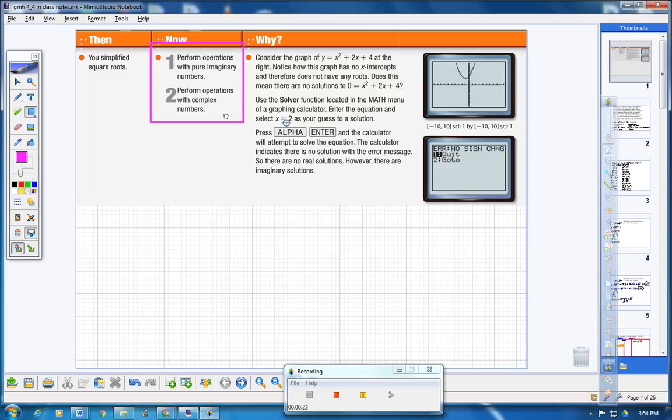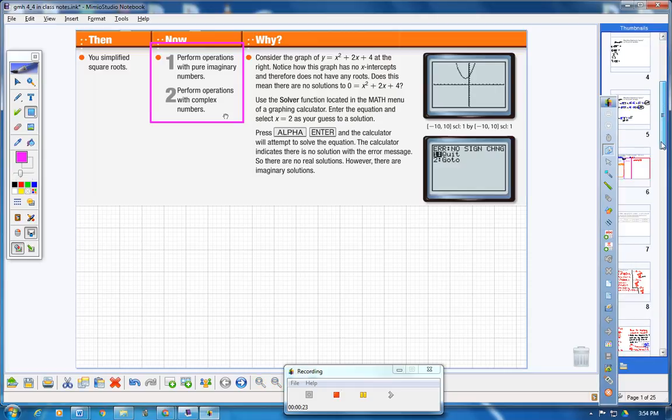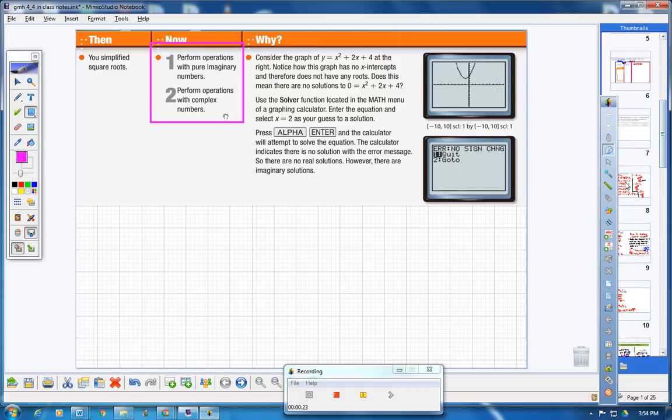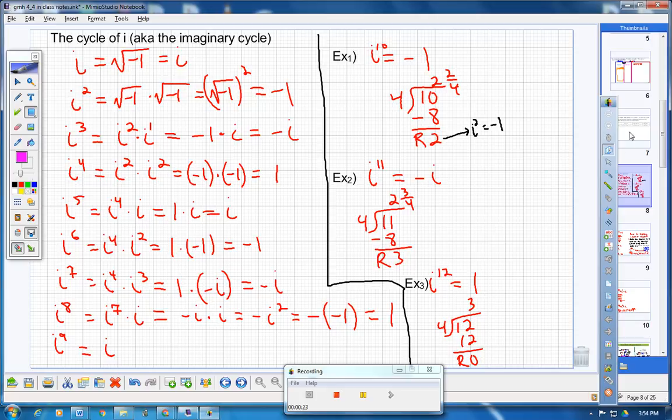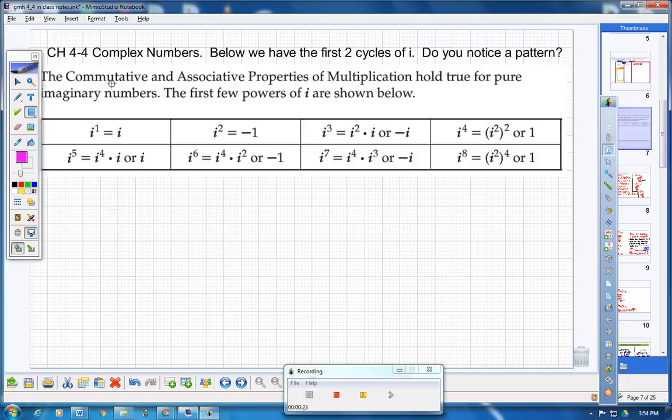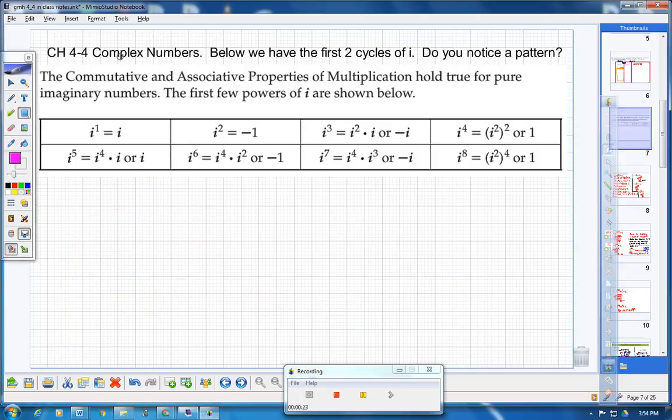So the first thing we're going to attack here is performing operations with pure imaginary numbers. In order to do that, we need to understand the cycle of i. Now, your book gives you a really nice table, and it tells you these first two cycles. You see cycle 1 on top here and cycle 2 on the bottom.